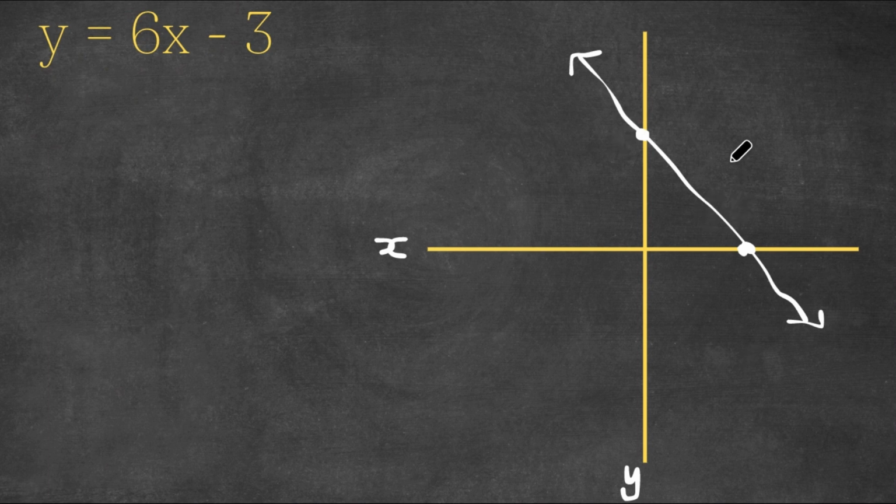And the point where our line hits our axes is known as the intercept. So for the y-axis, the point where the line hits the y-axis is known as the y-intercept. So this here would be known as the y-intercept.